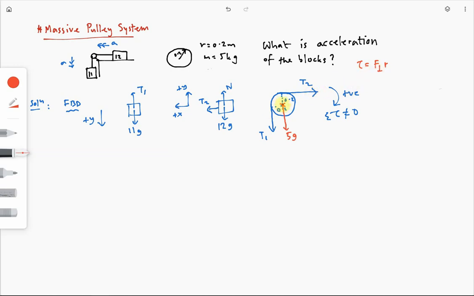The force is applied at the fixed axis, so no torque will result from this 5 times g. So the weight we can just ignore, plain and simple.